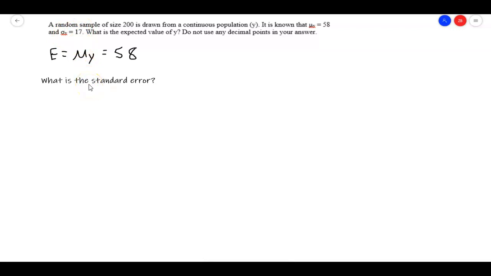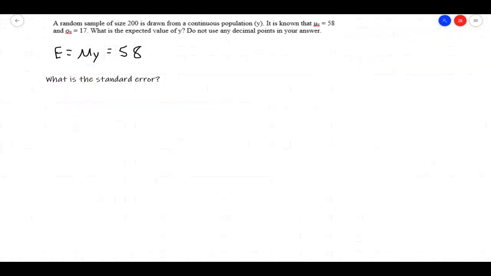That's the formula using the central limit theorem to find your standard error. So it's going to be 17 over the square root of 200, and this is approximately equal to 1.20.